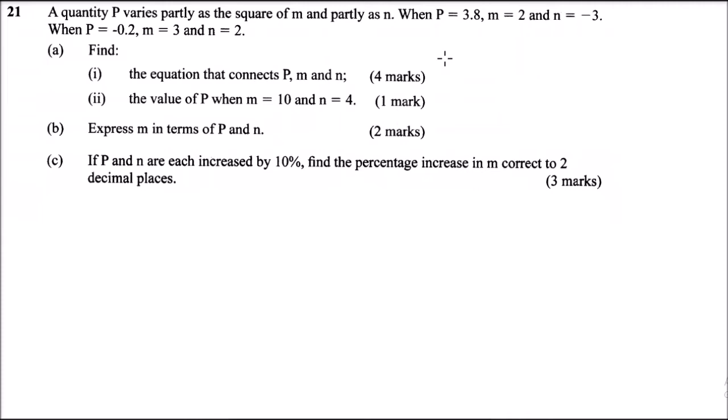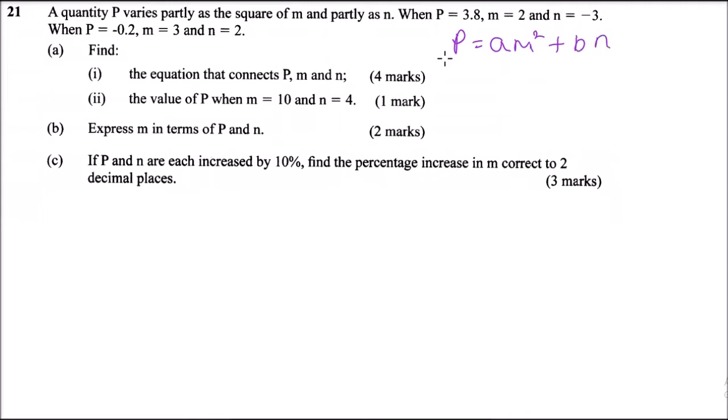So, to interpret this statement, quantity P varies partly as a square of m, we say P is equal to, we can use A as a constant, m squared. Then we have plus, we use B, n. So that is the statement.